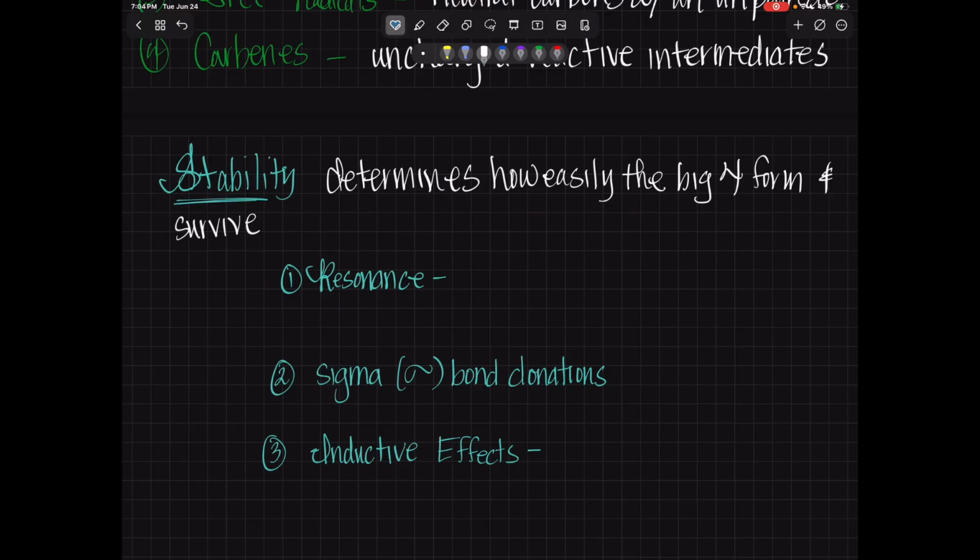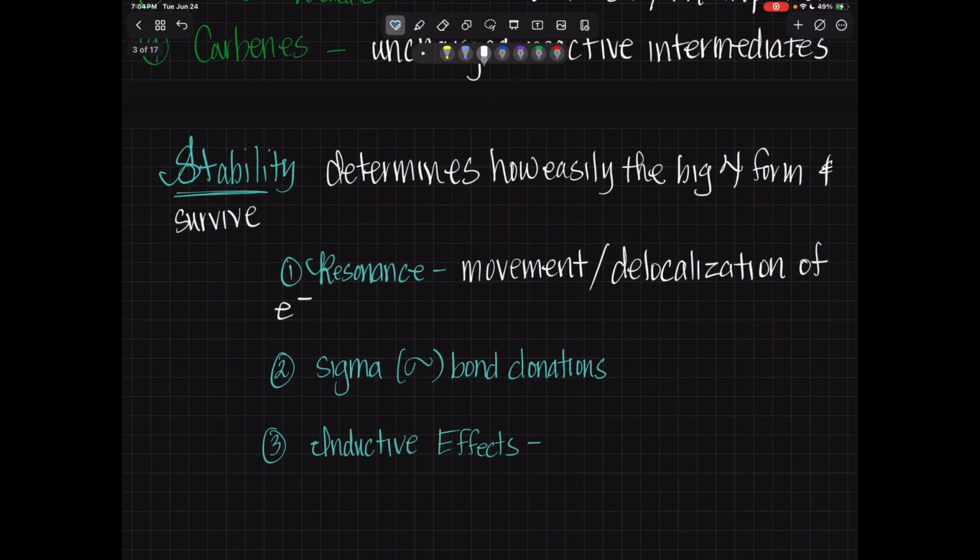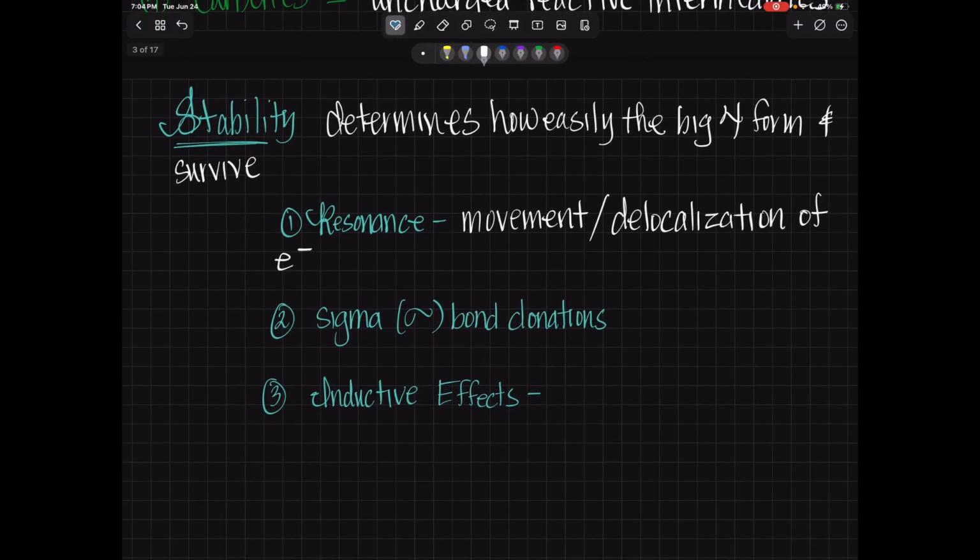Stability has three key factors. One, resonance, which is the movement/delocalization of electrons, which there is a whole other video on that. Feel free to go pursue that. Two, sigma bond donation, which is also known as single bond donation.